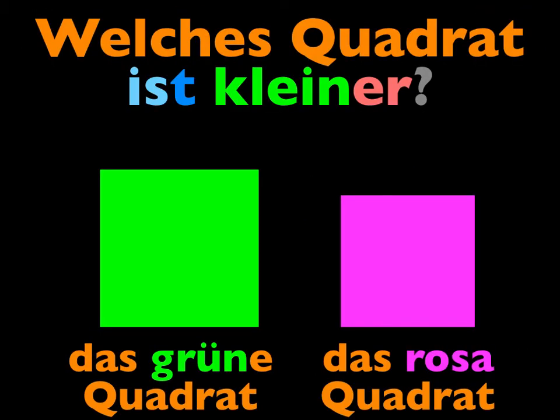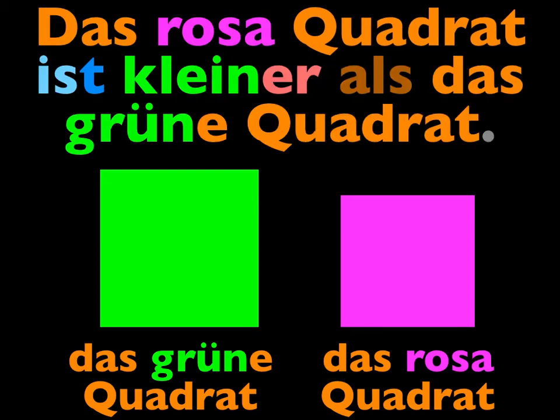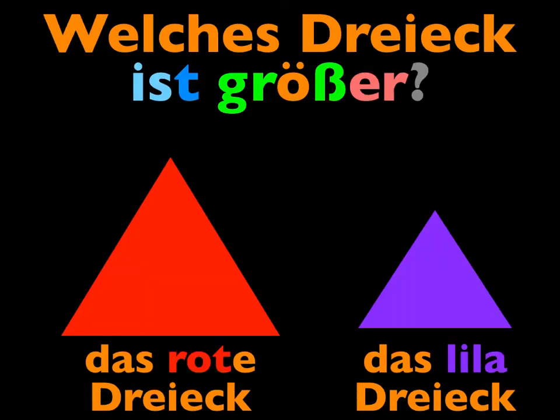Welches Quadrat ist kleiner? Das grüne Quadrat oder das rosa Quadrat? Hopefully you got it. It's das rote Quadrat ist kleiner als das grüne Quadrat. Welches Dreieck ist größer? Das rote Dreieck oder das lila Dreieck?